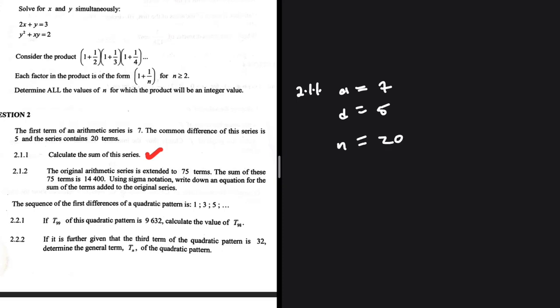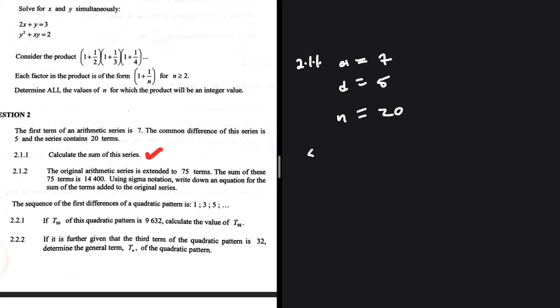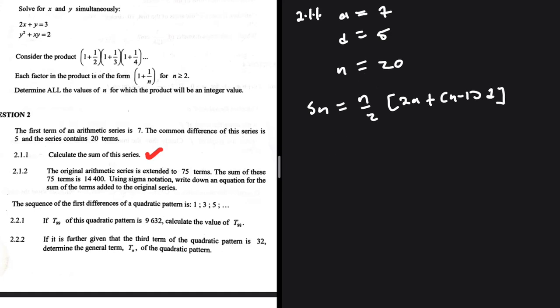What are we looking for? We are looking for the sum. So we know fully well that the sum of n terms is equal to n over 2 multiplied by 2a plus n minus 1 multiplied by the difference, right? So we're looking for the sum of the 20 terms. S20 is equal to 20 over 2 multiplied by 2a, where a is equal to 7, plus n minus 1, so 20 minus 1, and the common difference is 5.